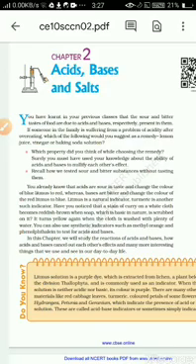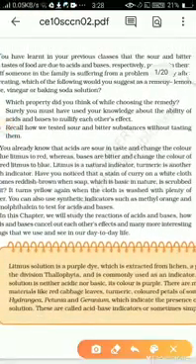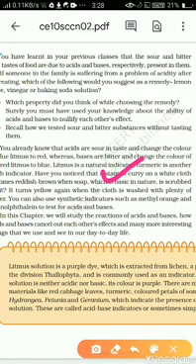What are indicators? Indicators are the substances which tell us about the acidic and basic character of a substance. Two types of indicators are there.